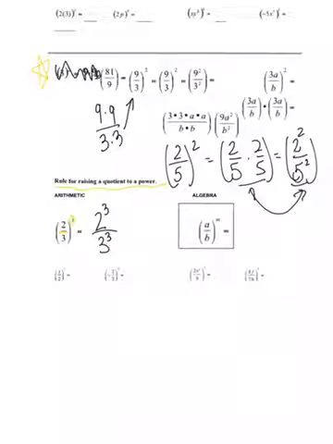The algebraic rule looks like this: a over b to the power of m equals a to the m over b to the m, and you can switch back and forth. Now, try the example problems down here, then pause the video and check your answers.